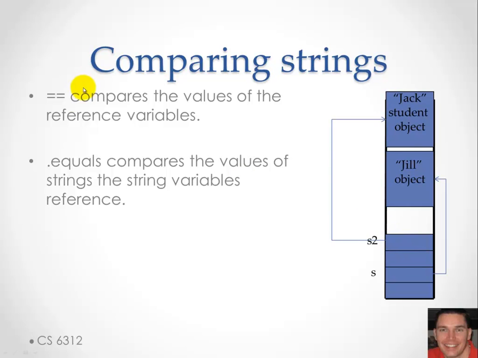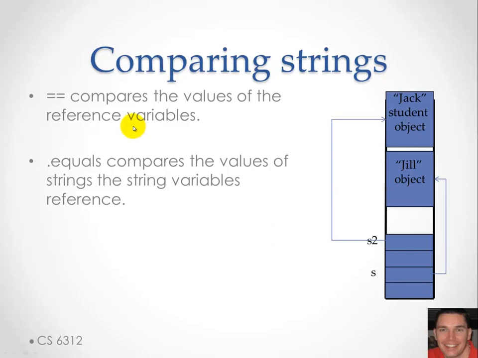So when you are doing equal equal, you are just checking to see if the actual reference variables themselves are equal. You're not doing any comparison with the objects that they refer to. If we need to compare strings, what we actually do is say dot equals. That means we go look at the objects that we're referring to, and look at their contents to see if their first name strings are equal.